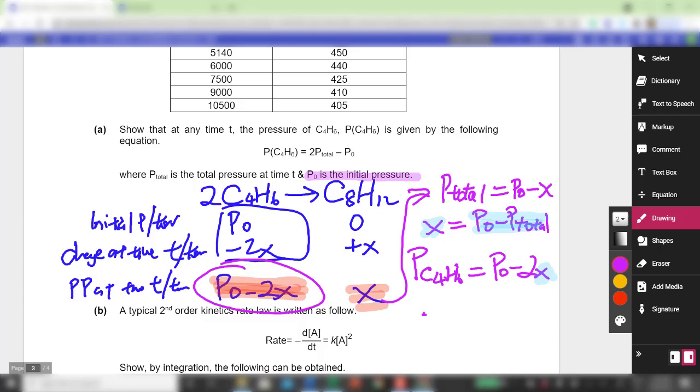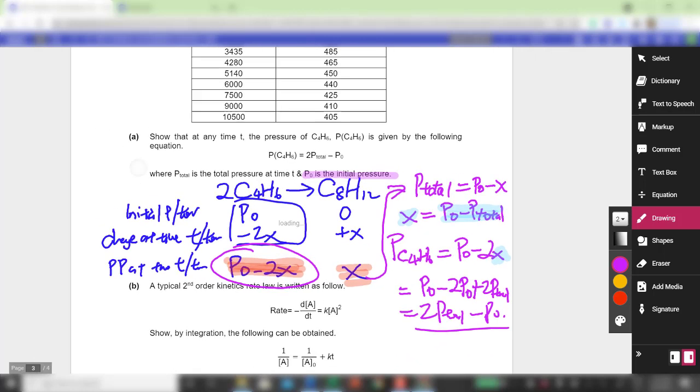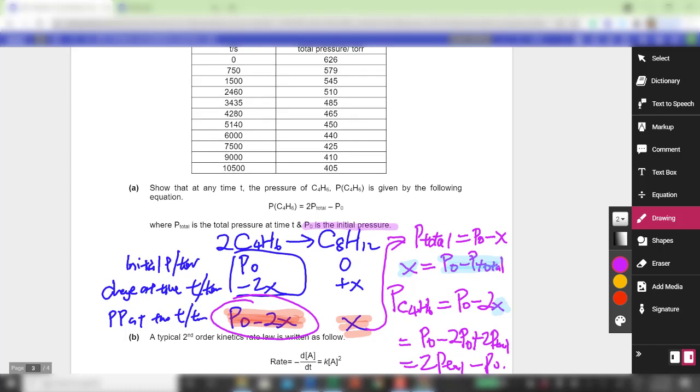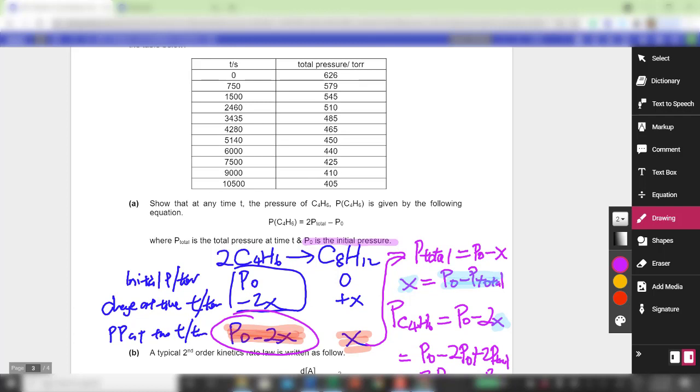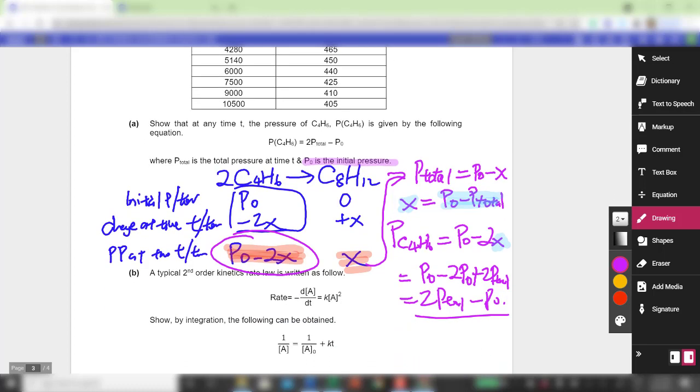I'm going to end up with P naught minus 2P naught plus 2P total, which equals 2P total minus P naught. You just need to perform a little bit of algebra and you'll get this. You'll be wondering why we are getting this. You need this later on, so you have to chill a little bit and slowly work through the problems and you'll know why you need this. It's important for you to solve the whole of question 2.